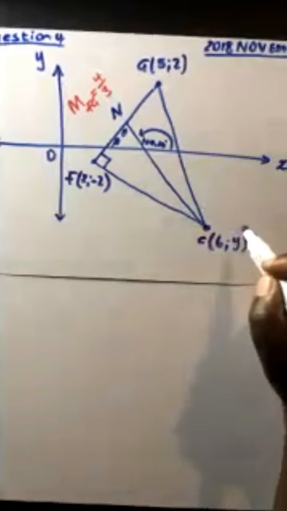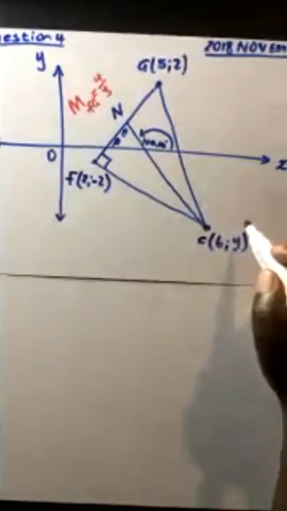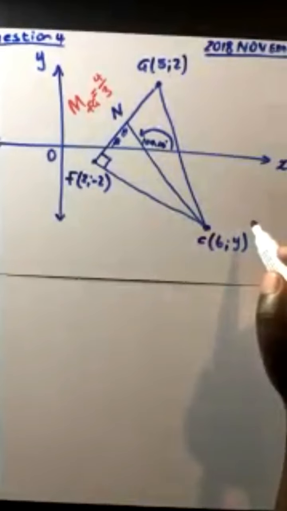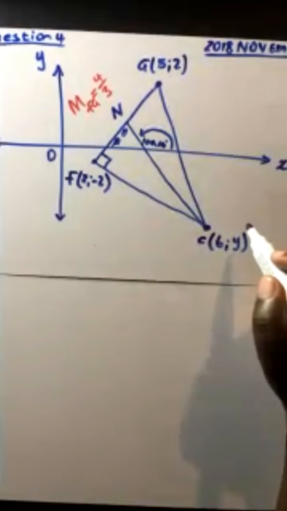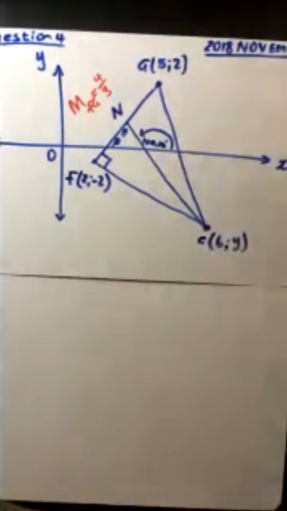So 4.2 says calculate the value of y, and this question is allocated 3 marks. They say calculate the value of y. So guys, are you able to see where y is? Yes, sir.